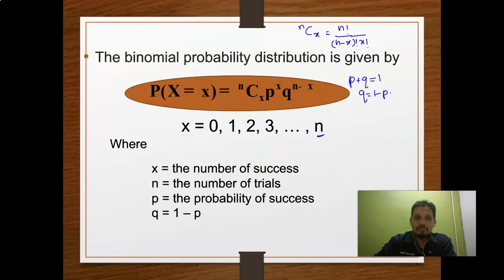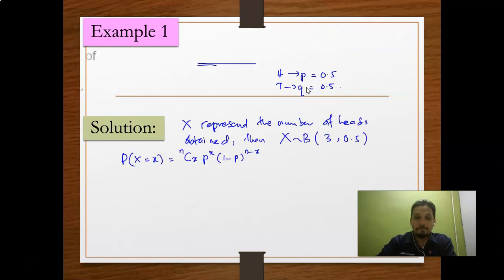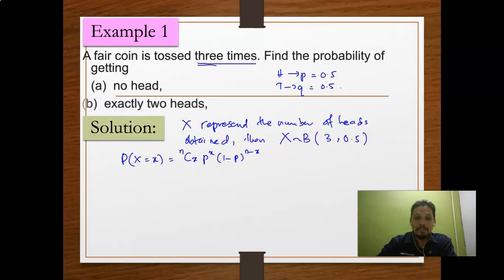Please refer to the previous notes. Now let's recall P is 0.5 and Q is 0.5. So no heads means the probability of X equal to 0. The number of trials n is 3.